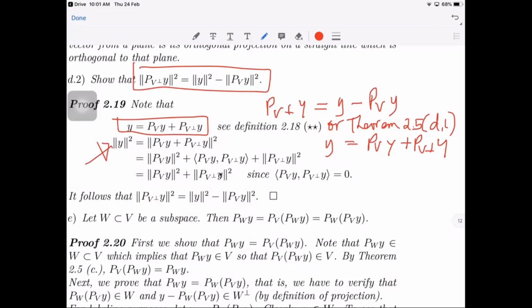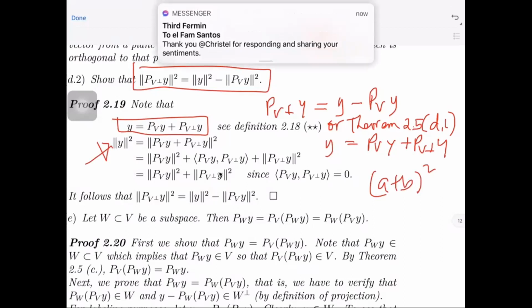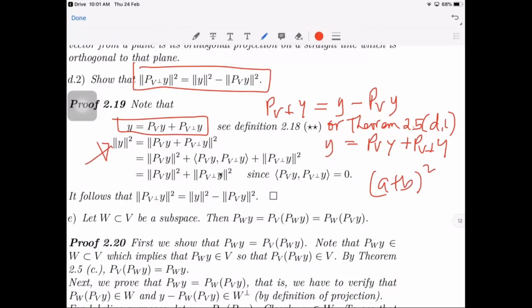Okay? And then what happens? It becomes (a plus b) squared, which should be a squared plus 2ab plus b squared, for vectors.